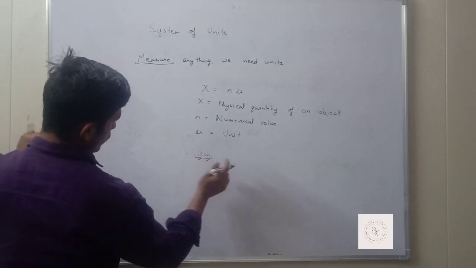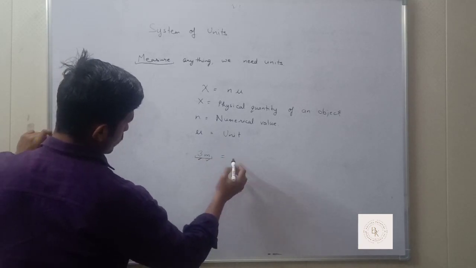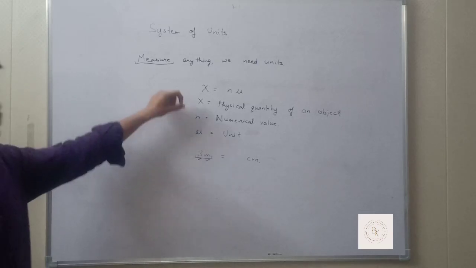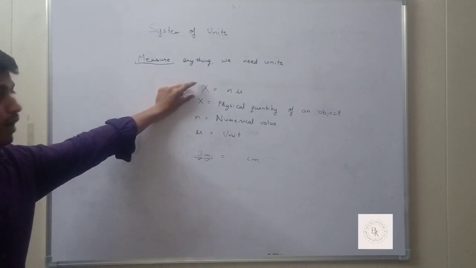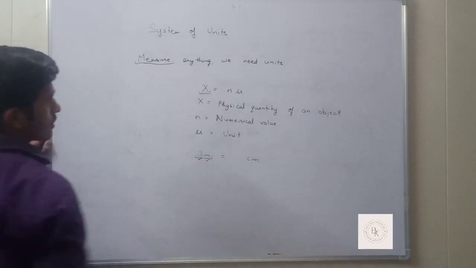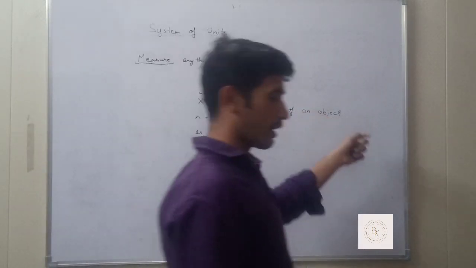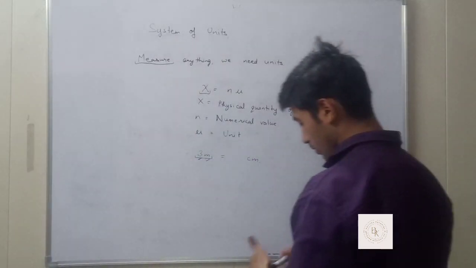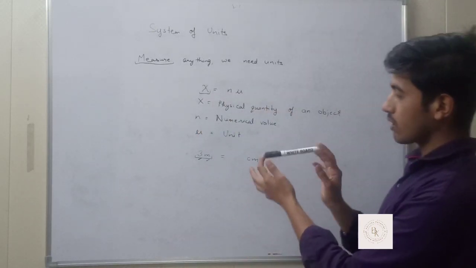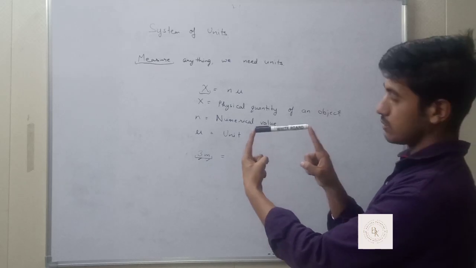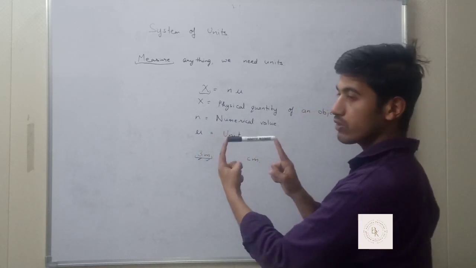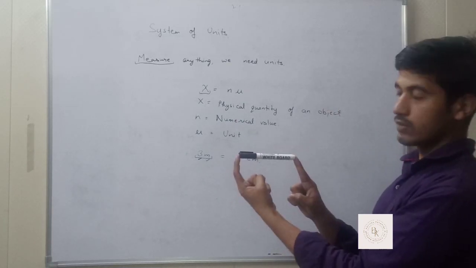So what if we have to convert this 3 meter into centimeter? We shall again use this basic formula, that is X equals n u. This is constant. The physical quantity of an object cannot be changed. If this whiteboard marker has this much length, this physical quantity will not change with respect to time.